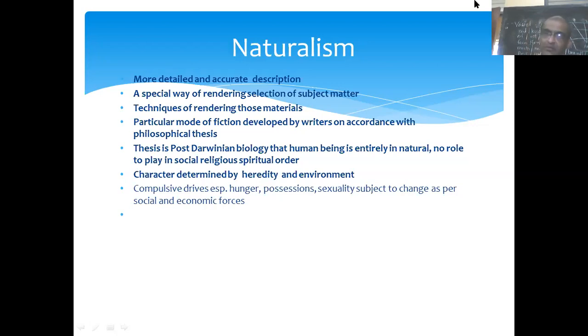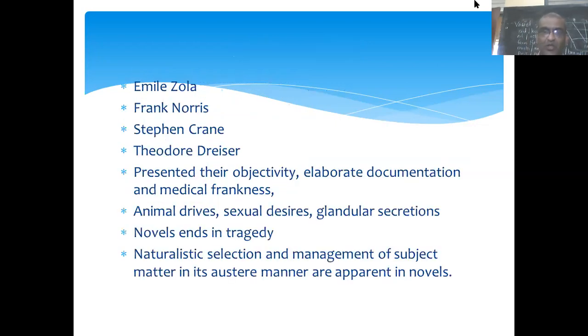So these drives that we see are especially hunger, possessions, human being is definitely possessive, and sexuality, and these are subject to change as per the social and economic forces. These are the features behind naturalism. These features make man much more naturalistic, put in the natural background.